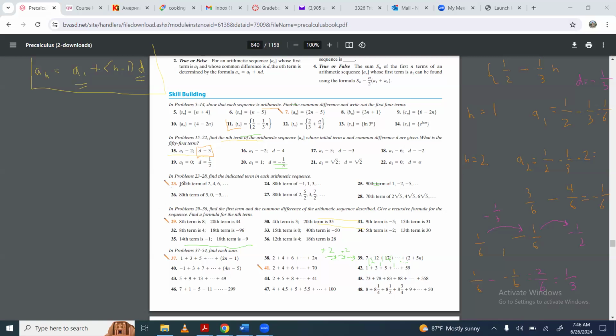So let's try number 23 here. All problems actually are, I would say, identical because they all go under the formula above. So if they say 100th term for this sequence, so if you have your first term equal to number 2, right? Why is it? Well, because it starts with 2.